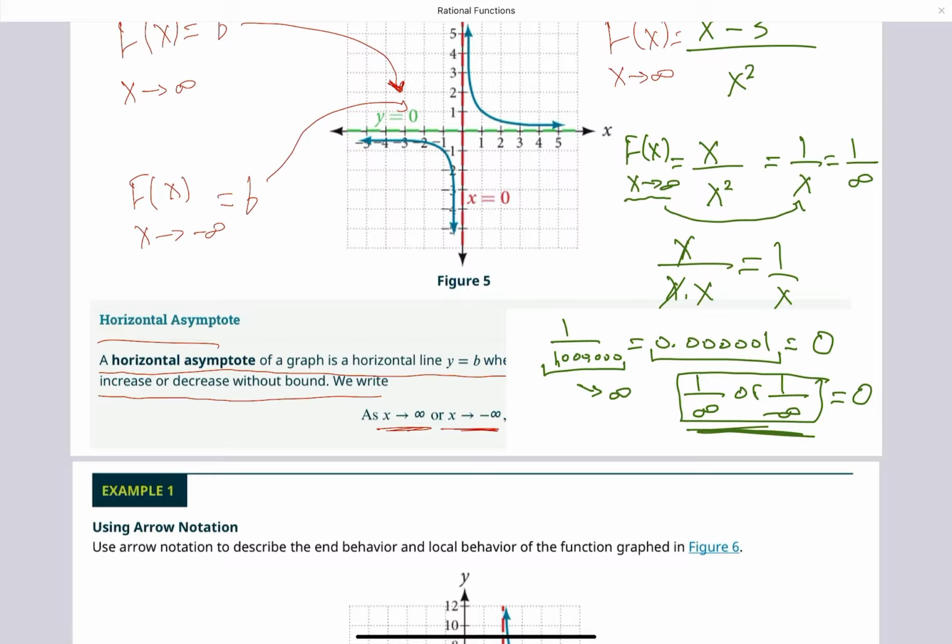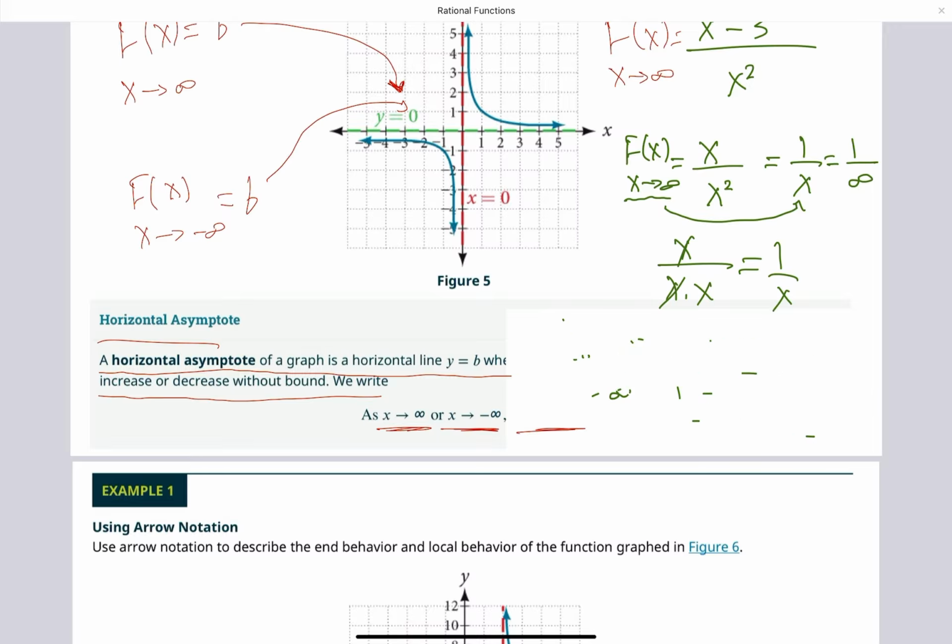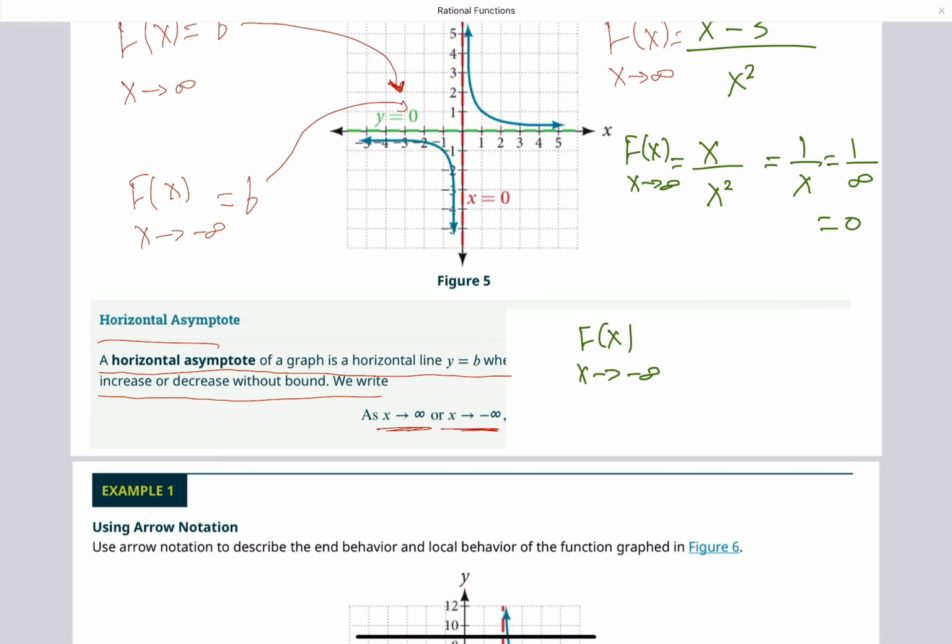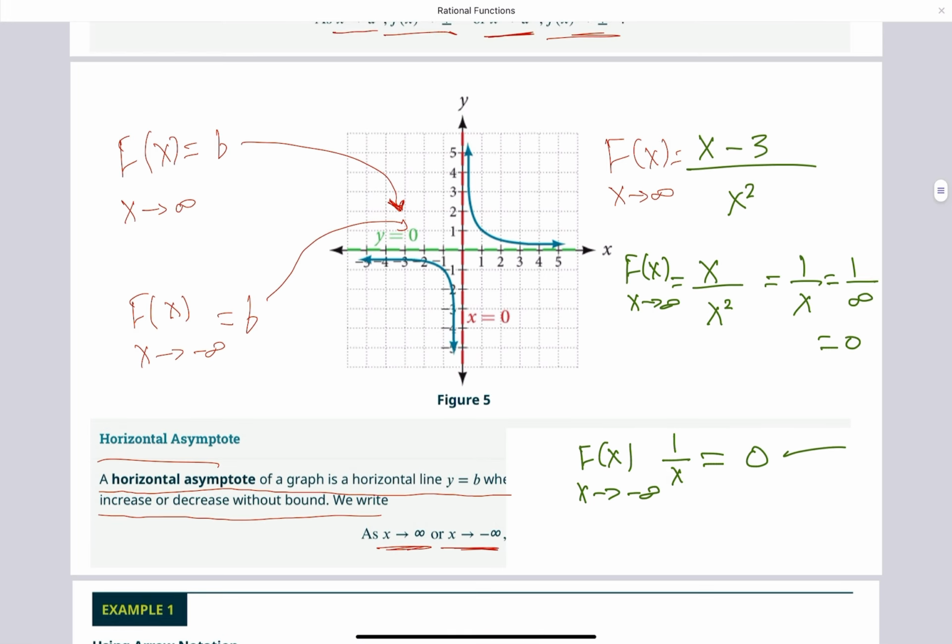So in this case, as I find the output as x approaches infinity, I get 0, right? And same with f of x as x approaches negative infinity. For 1 over x, this basically equals 0 as well. So what does this tell us? It tells us that 0 is in fact a horizontal asymptote.